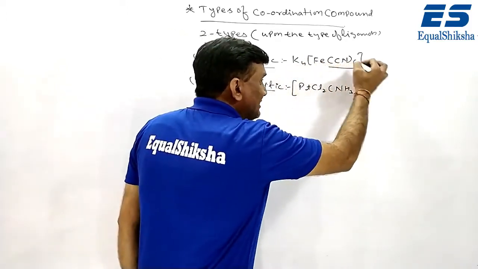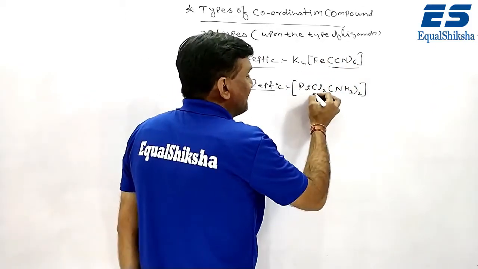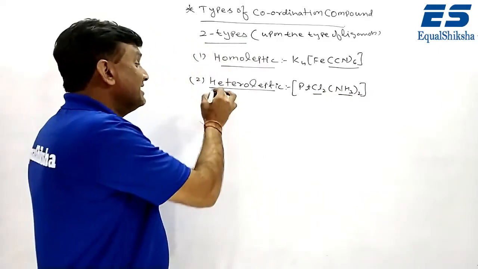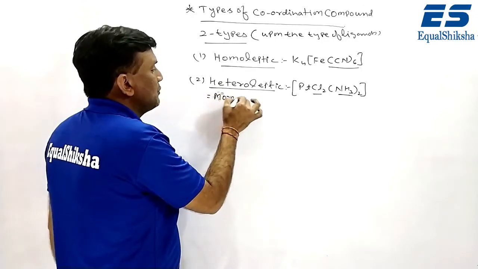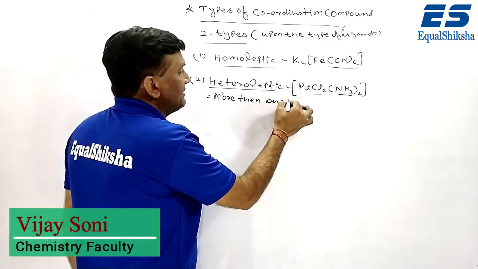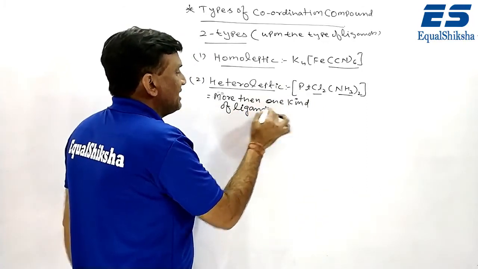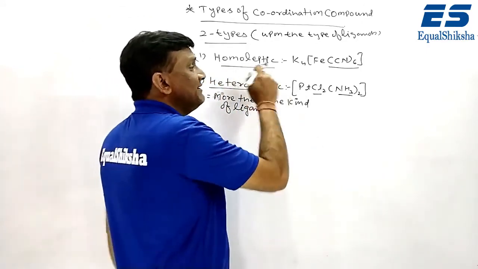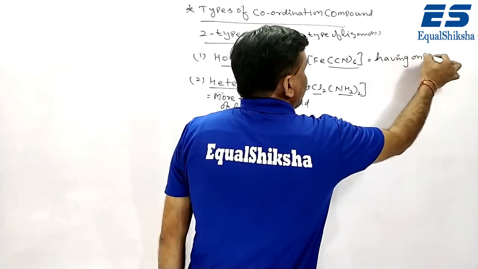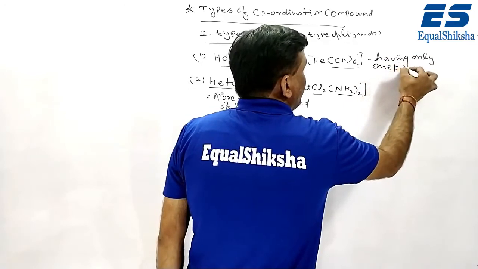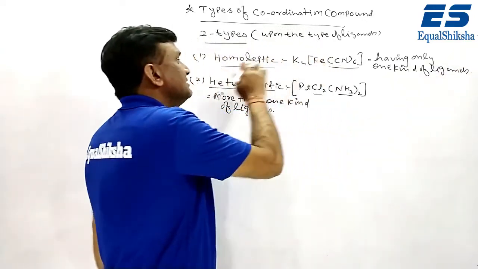In the first, only one type of ligand exists, CN, cyanido, and in the second, more than one kind of ligand exists. Those having more than one kind of ligands are known as heteroleptic, and those having only one kind of ligands are known as homoleptic.